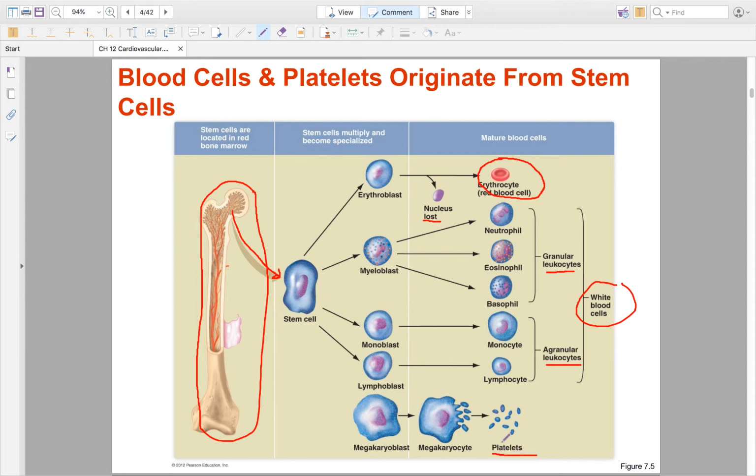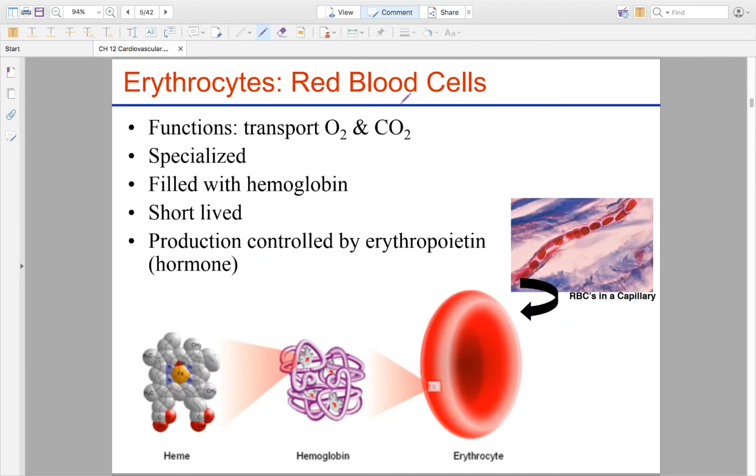All originate from stem cells, which come from the red bone marrow, and differentiate into various types of blast cells like erythroblast, monoblast, myeloblast, lymphoblast, and so on. All right. This is important, but not test material.